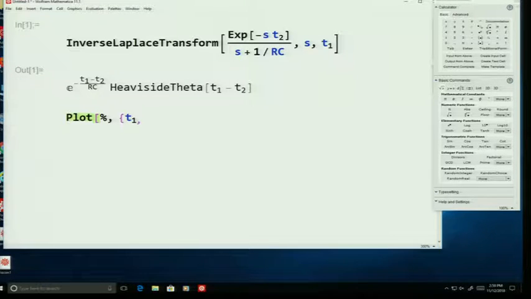I don't know if this is going to work. We'll see. No, it's not going to work.